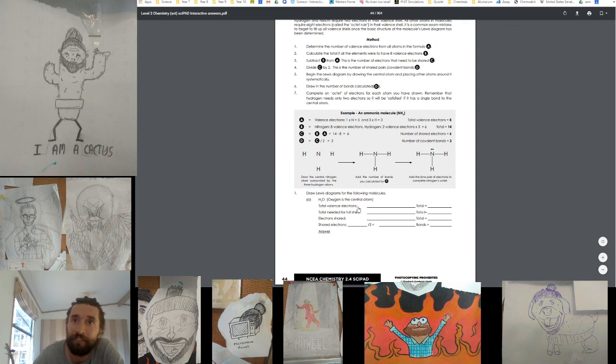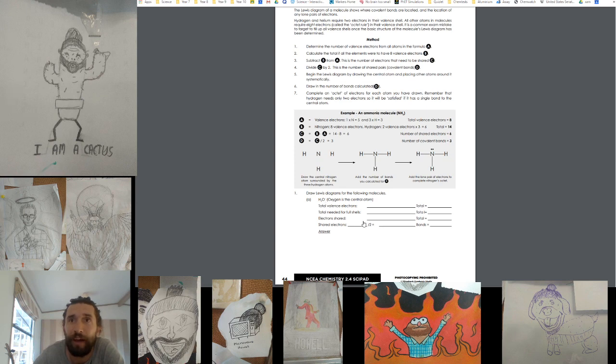H2O, total valence electrons. Hydrogen has 1 valence electron each, so that's 2, and oxygen has 6, so we have a total of 8 valence electrons. The amount we need for a full shell: oxygen needs 8, and each hydrogen needs 2, so 8 plus 2 plus 2 is 12.